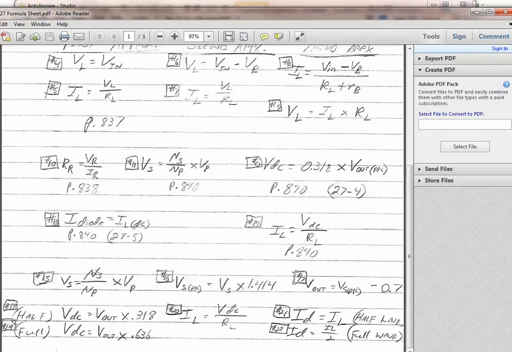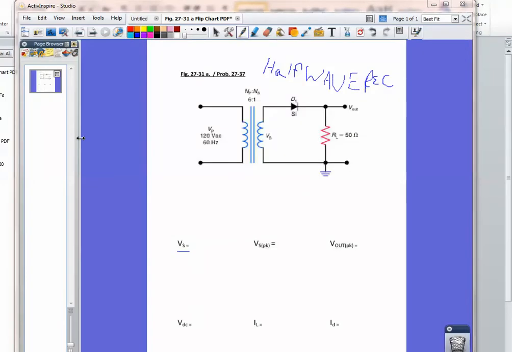And that formula basically states that the voltage of the secondary is equal to the number of windings of the secondary divided by the number of windings of the primary times the voltage of the primary. That sounds complicated, but it's really not. So let's do that one.